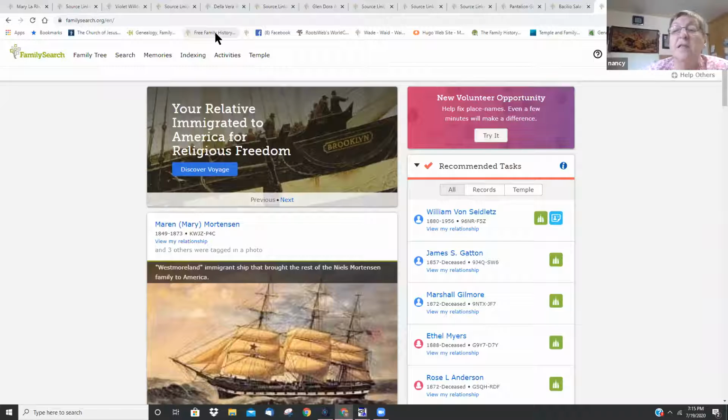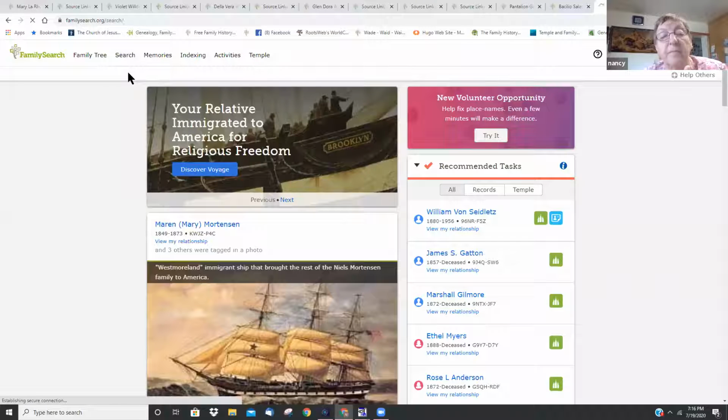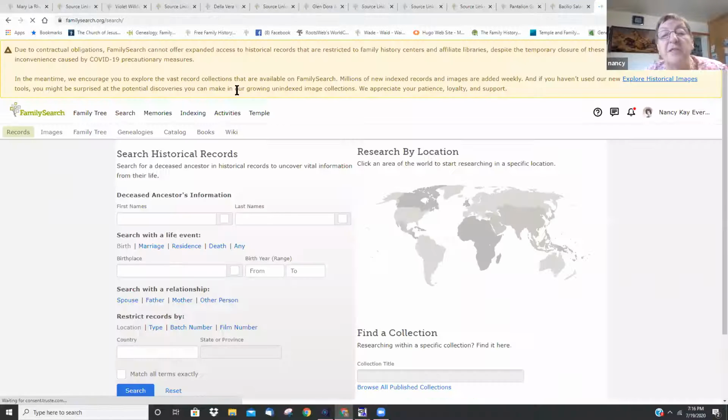This is what it looks like when I first open my Family Search, using my login. Here is the word search on this main line that goes all the way across. And I can go under that search, and it gives me the chance to go through these billions of records and look for the specific record that I'm looking for.